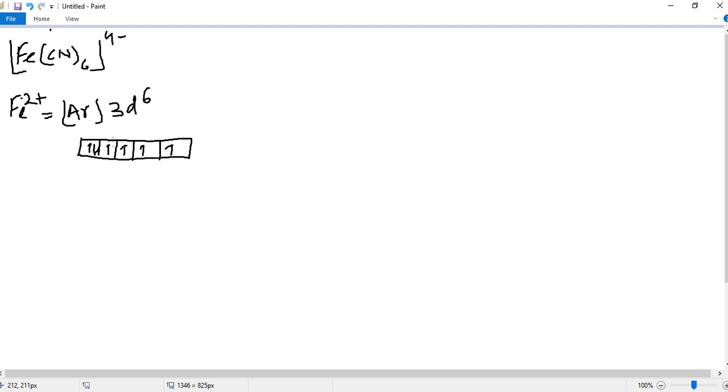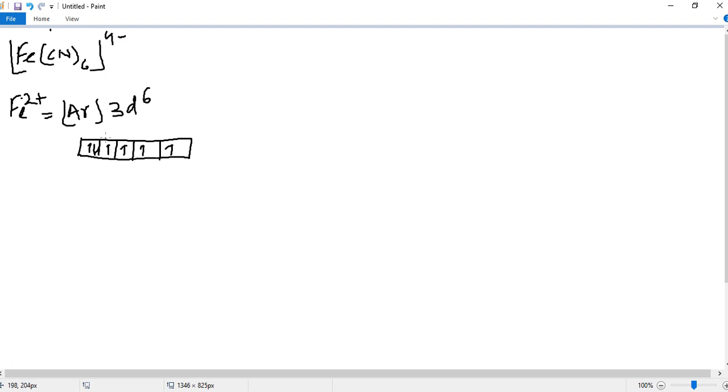This is the configuration of 3d6, but here the important thing is this. What is important in this? The important thing is this, because CN is cyanide ion is strong field ligand, and what will happen?